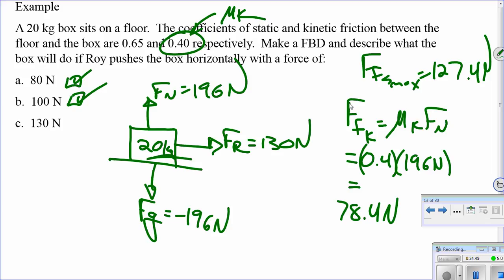Fairly obvious in this case, but I want you to understand, the reason that kinetic friction is going this way isn't because Roy's pushing that way, it's because the box is going to move that way. So draw in a little arrow and indicate the velocity, and then we can put in our force of kinetic friction now that we've processed the direction of motion. Cool?